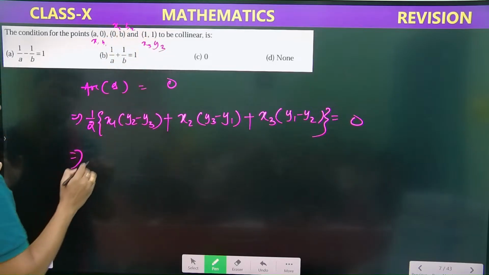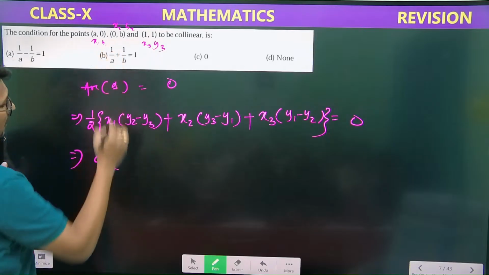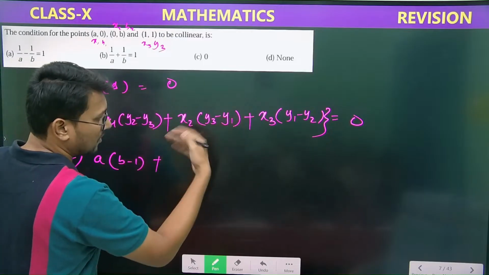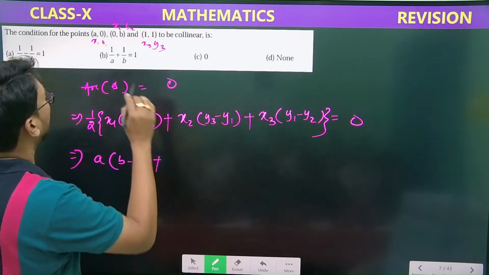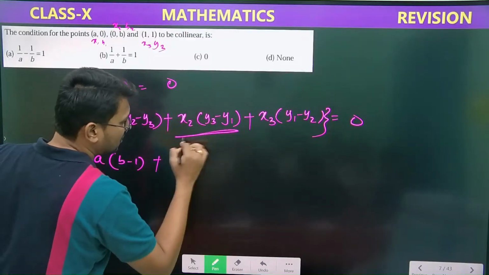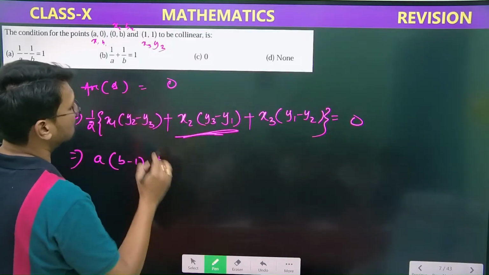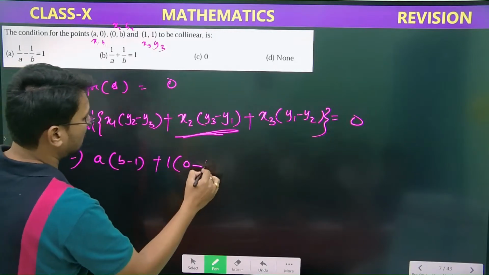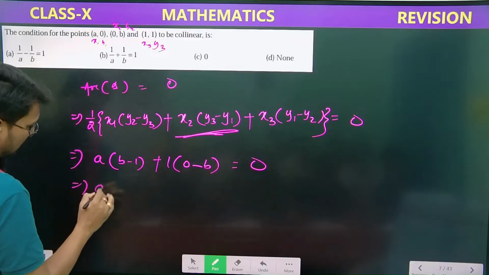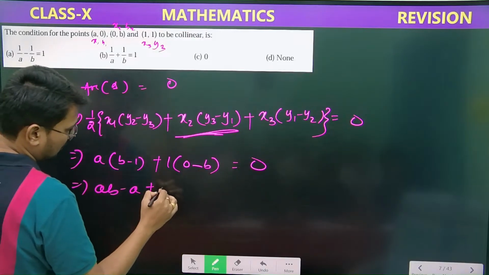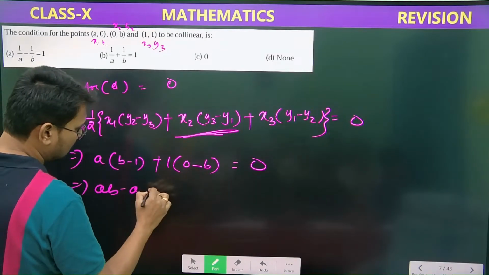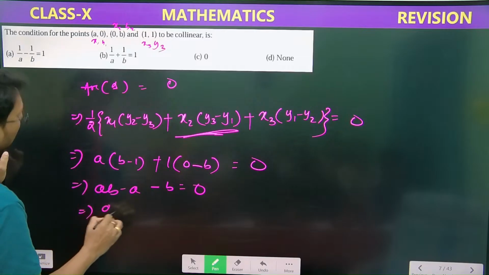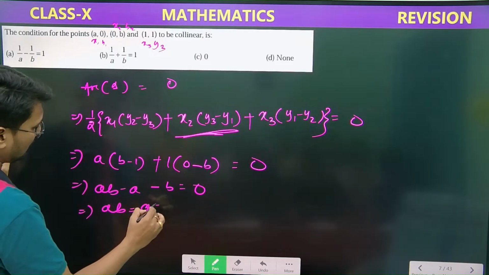Put a into y2, that is b minus 1, plus x2, which is 0, so this term becomes 0. x3 is 1, into y1, which is 0, minus b, equals 0. Hence ab minus a plus ab minus a minus b equals 0. Hence ab equals a plus b.